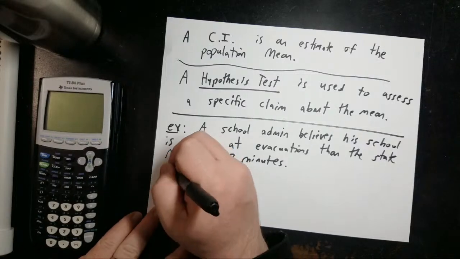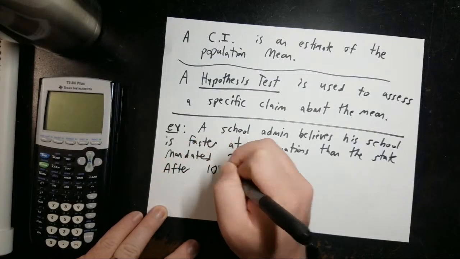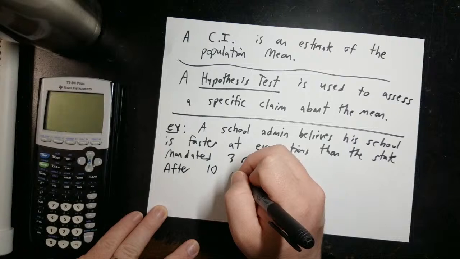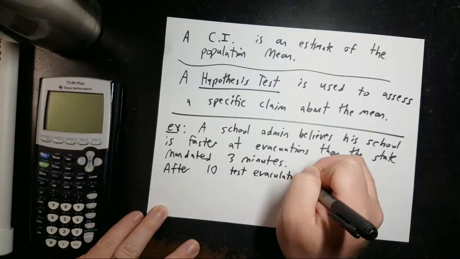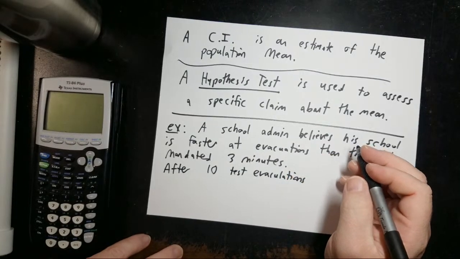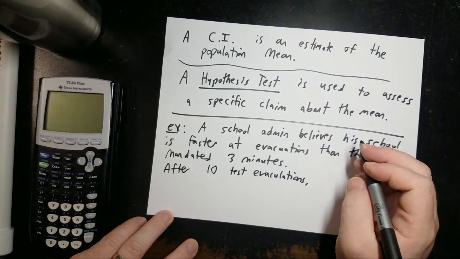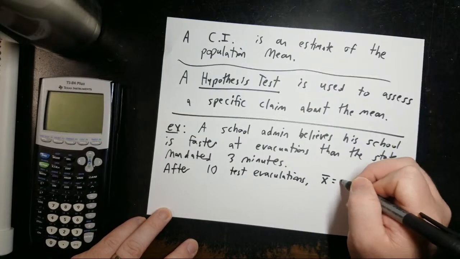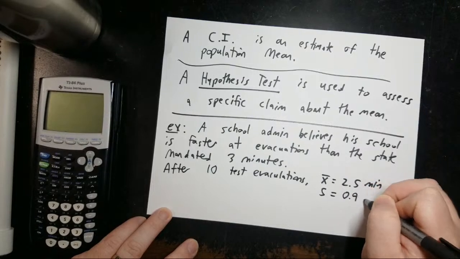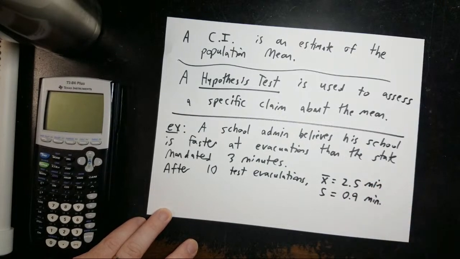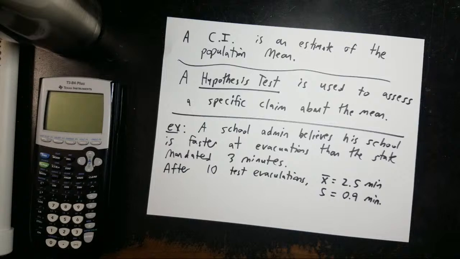In fact, after 10 test evacuations, let's say they do a drill once a month. After 10, the school average is 2.5 minutes with a standard deviation of 0.9 minutes. Clearly, the school average is faster than the state mandate.